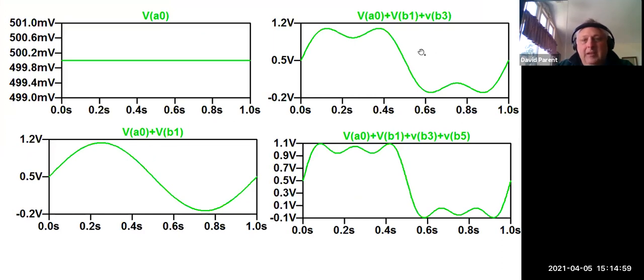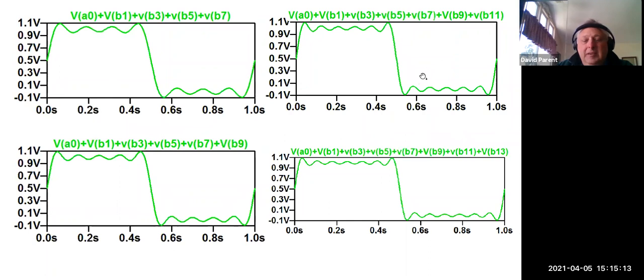I added the first harmonic and then the third, and see, it gets a little bit closer. Then I add up to the fifth. It's getting closer. And you can see as I keep going higher and higher that I'm getting closer and closer to the original square wave.